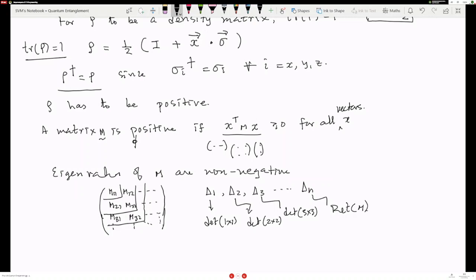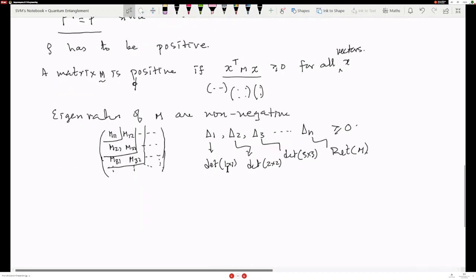Now a matrix is positive means that all of these determinants of these blocks are positive. So these are equivalent definitions of showing that a given matrix is positive.